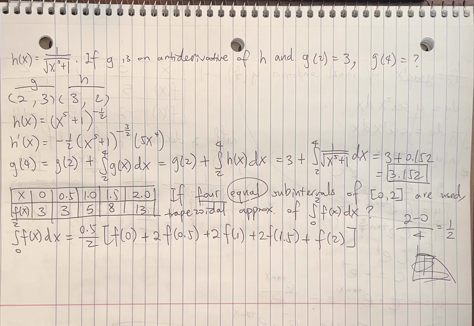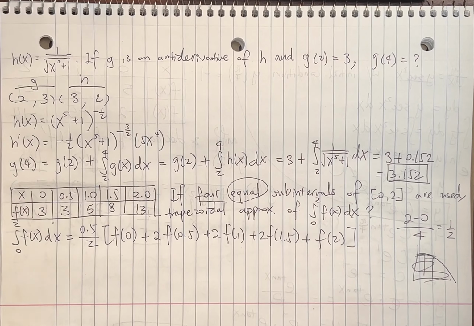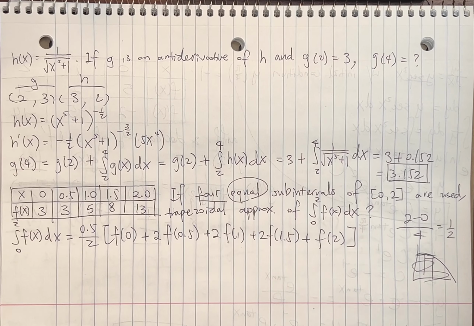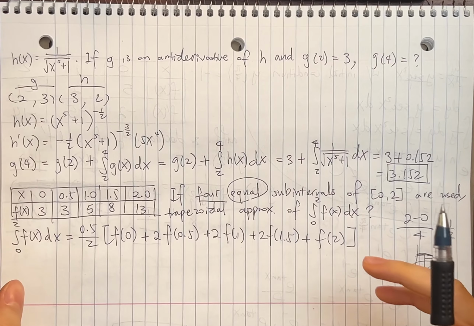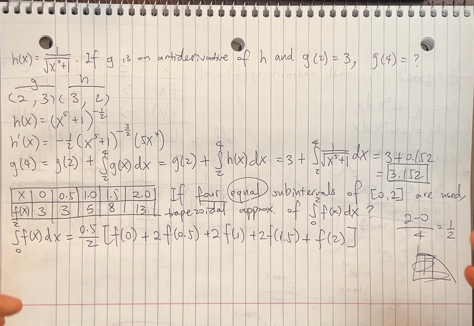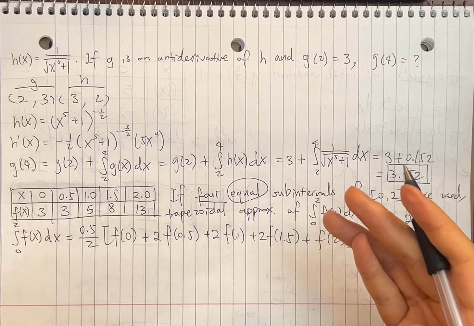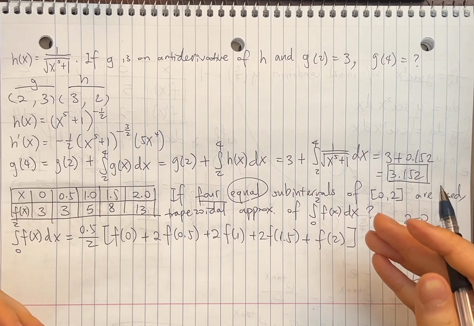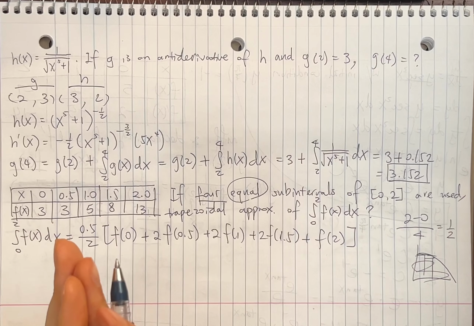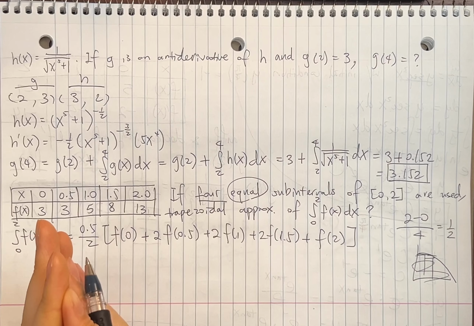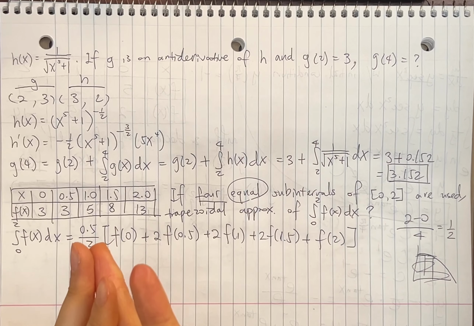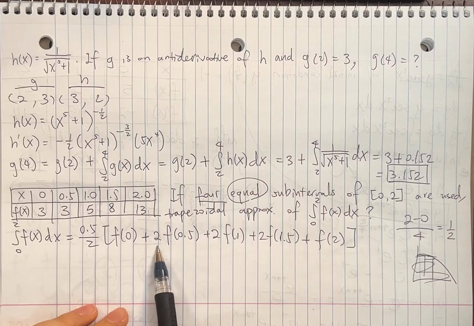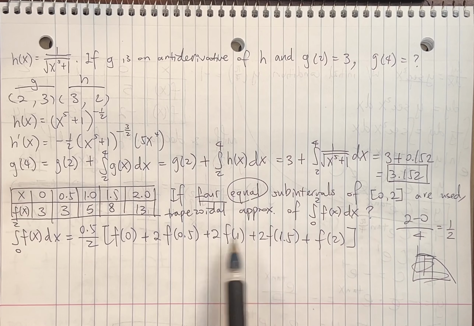Because think about it, when you add the bases, the first base and the last base, which are the very ends of the graph, you only add once, and for the others, when you're doing base 1 plus base 2, you're adding the middle ones twice. You have to account for that, which is the reason that you multiply by 2 for the middle terms.